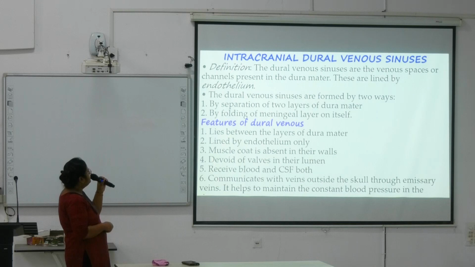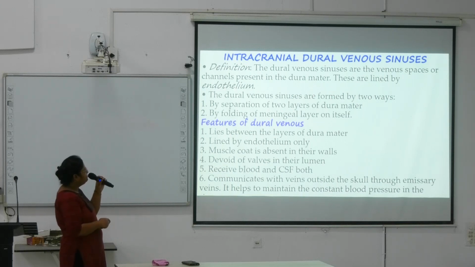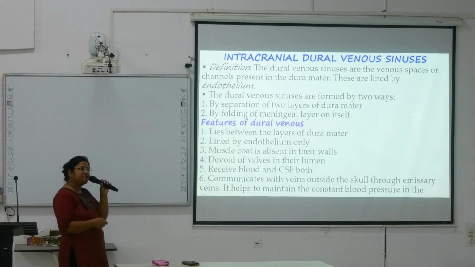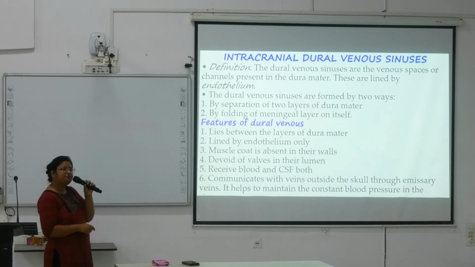Okay, so now we will discuss the intracranial dural venous sinuses. The dural venous sinuses are the venous spaces and channels present in the dura mater lined by endothelium. Okay, endothelium is the lining of the blood vessels. These are also veins, that's why the lining of blood vessels, endothelium, will be present. Dural venous sinuses are formed in two ways: by separation of two layers of dura mater and by folding of the meningeal layer on each side.